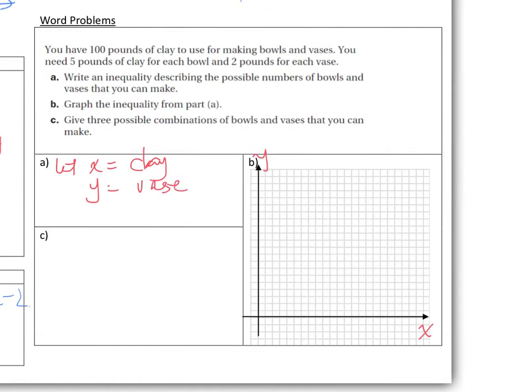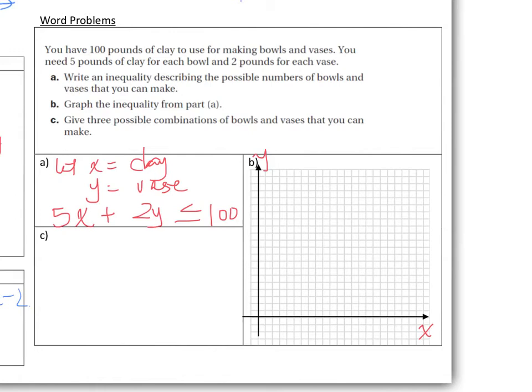So my inequality will be 5x plus 2y less than or equal to 100, since you have 100 pounds of clay to use for making bowls and vases. So the most you can use is 100 pounds of clay for both items. So this should be our inequality.